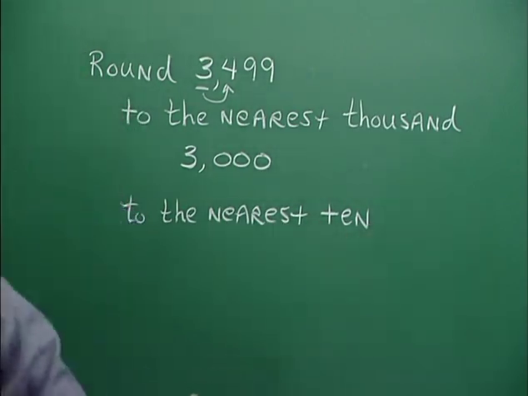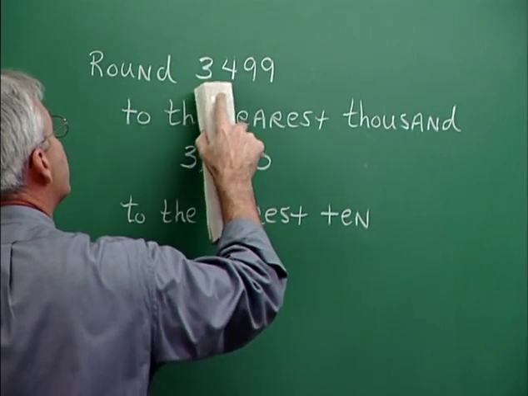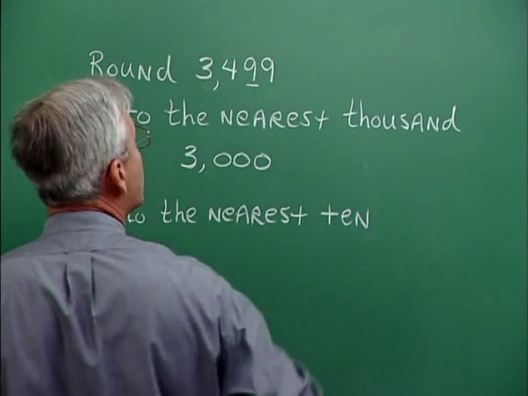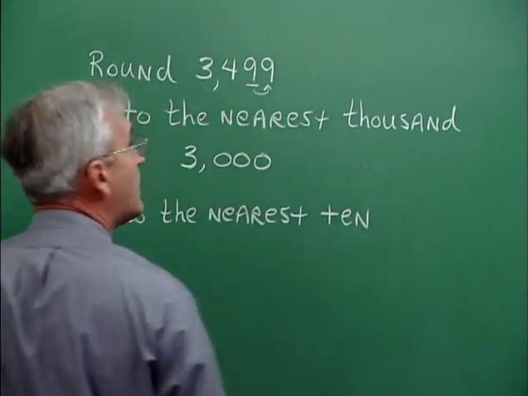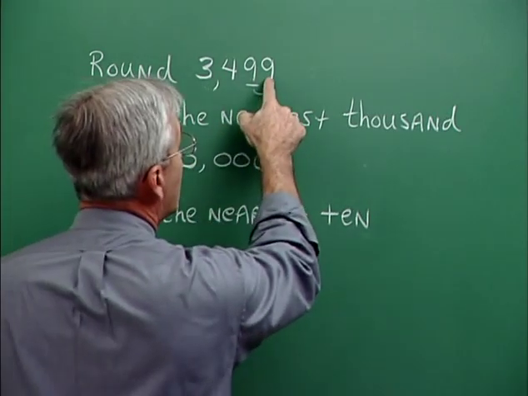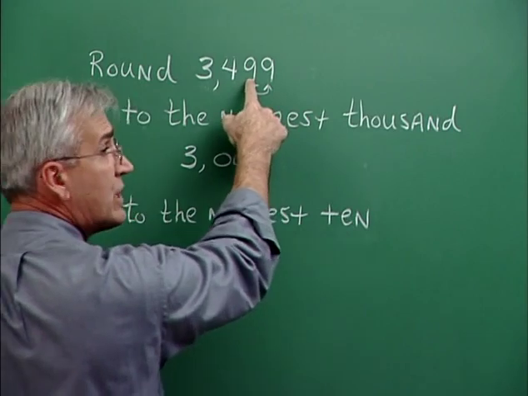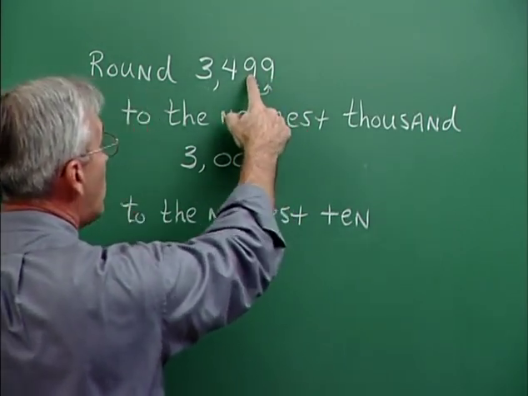All right, how about to the nearest 10? Well, if we're rounding to the nearest 10, then we would underline the tens digit. And kind of a tricky thing happens here. Here's the tens digit, and we look to the right, and we see this number is 5 or larger than 5, so we're going to have to increase this digit by 1. We're going to make that a 0, but we need to increase this by 1.